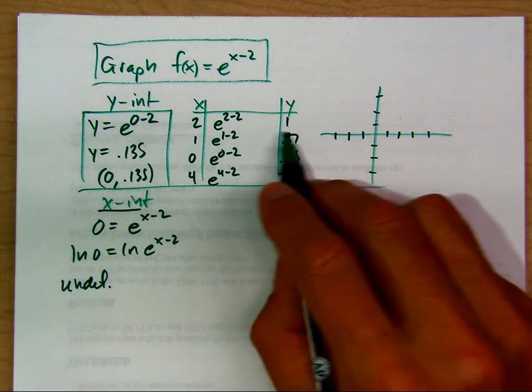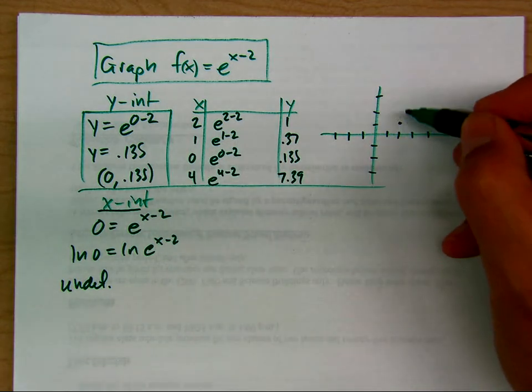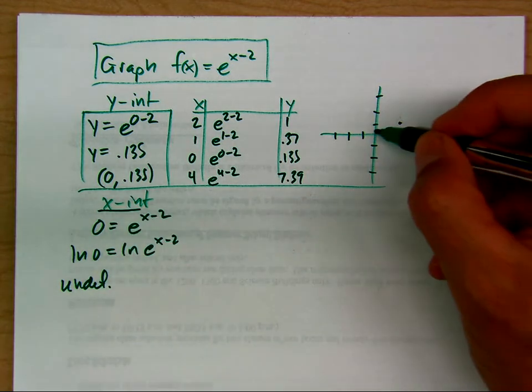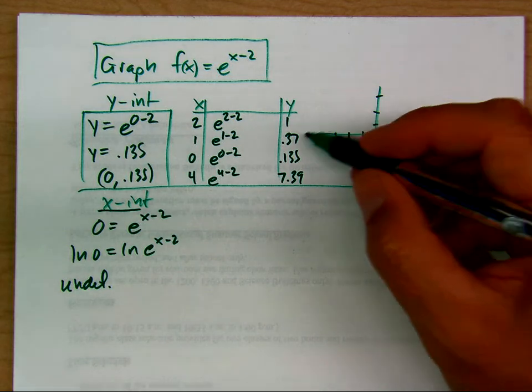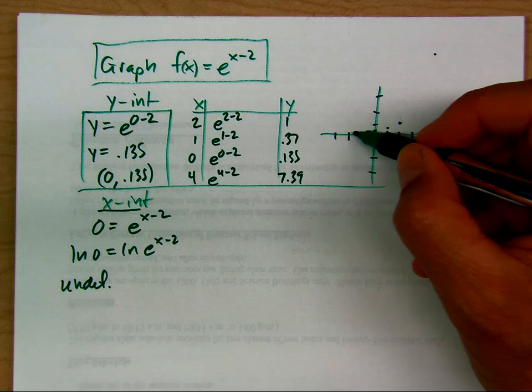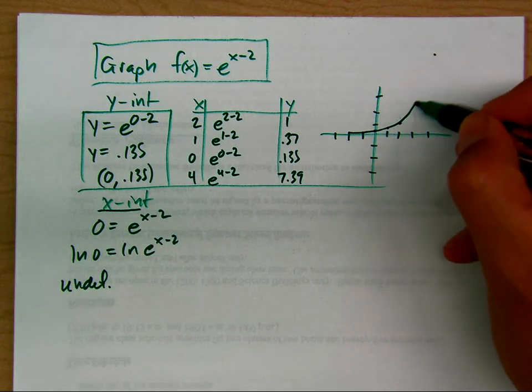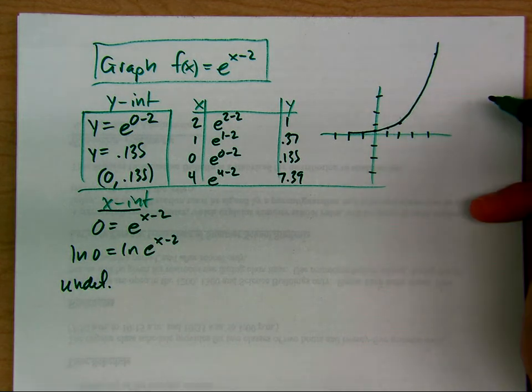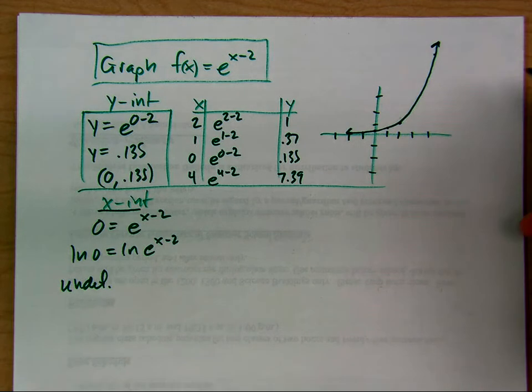So at 2 we go to 1. 0 is 0.1. 1 is 0.3. At 4 we'll be up at 7, and we can see the graph going like that.